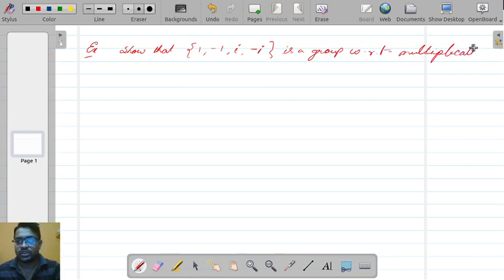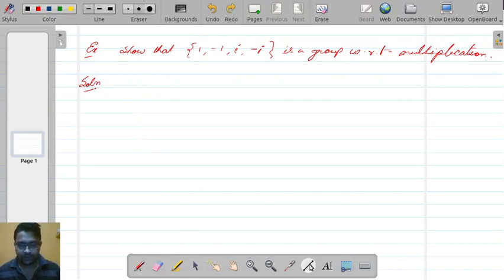You can show this with the help of a composition table. I'm just showing you how to do it, similar to what we did for omega, the problem with 1, omega, omega square.